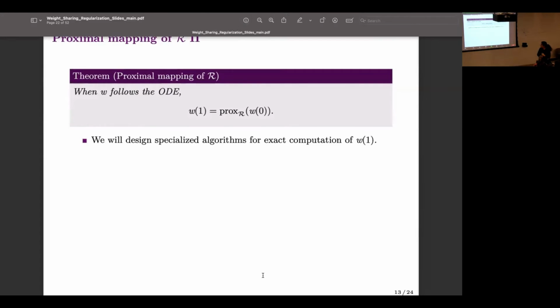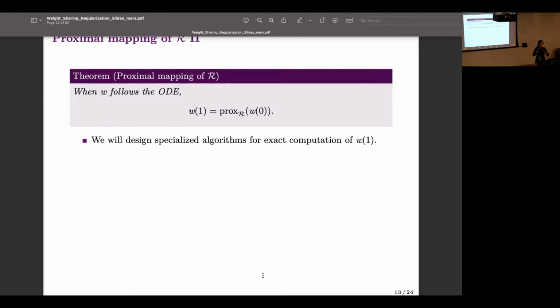Okay, here's the important theorem of our paper: in that ODE, if you follow it for one step, it's going to give us the prox of R exactly. If you initialize the W's with the W zeros, W ones, and you move the ODE system one step ahead, it's going to give you the prox exactly.